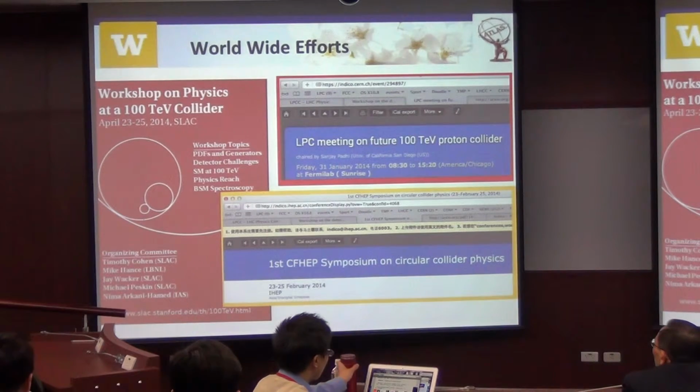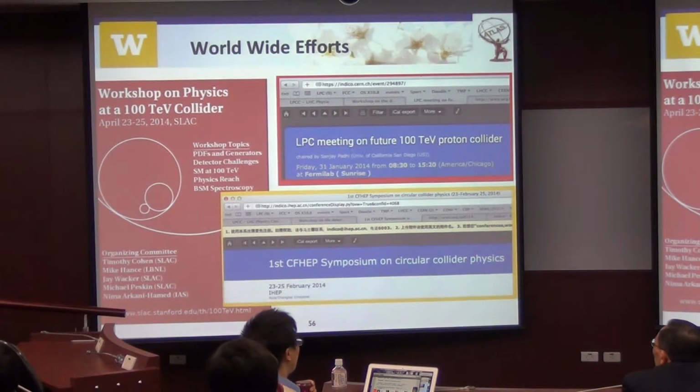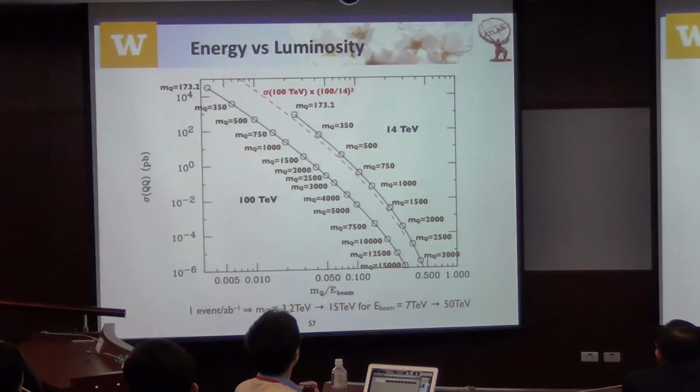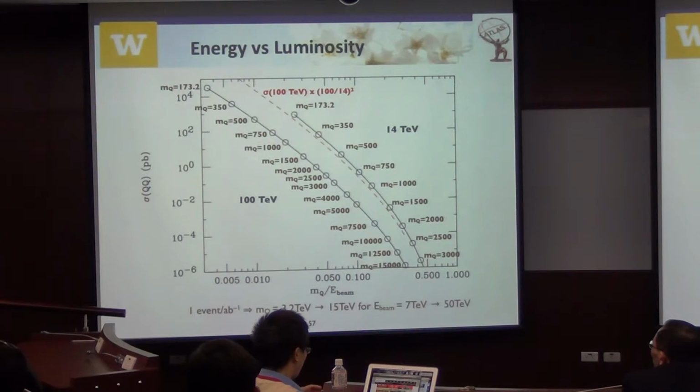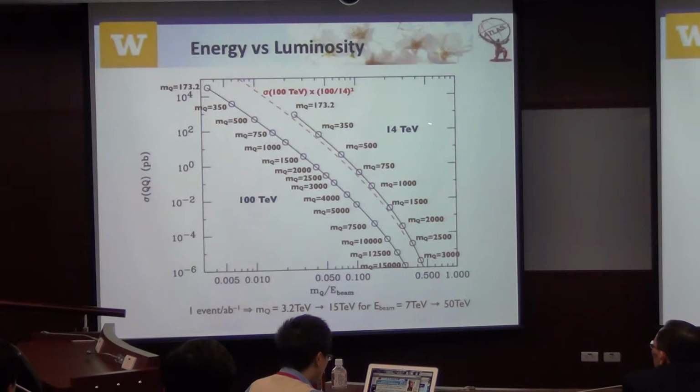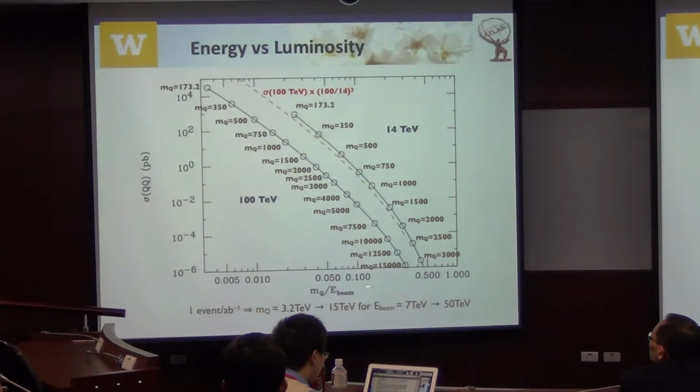This is a worldwide effort, and the question is, once you have a 100 TeV collider, how will that change the picture of new physics searches compared to a 14 TeV collider? So this is a production cross-section of the q q-bar parton luminosity as a function of the parton energy fraction versus beam energy.